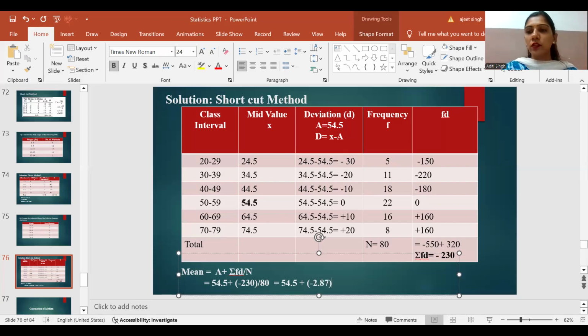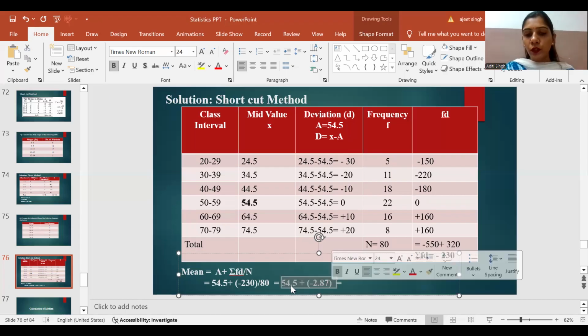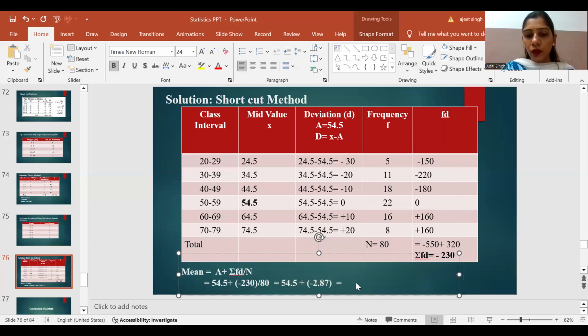Okay, so this is how we first do the calculation. First remove the divide sign, and this minus sign remains as it is. Now we have to do the calculation of 54.5 minus 2.87. When we do this calculation, the answer will come 51.63.